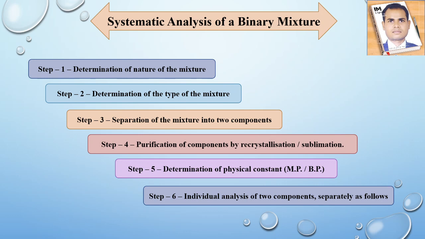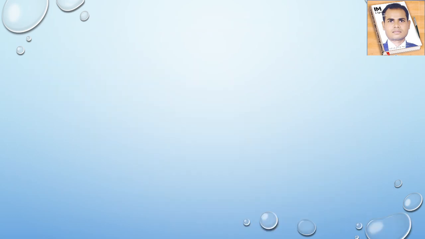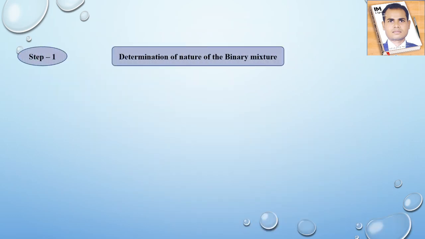After the separation of the two components, we can analyze them separately by following procedures. So we have to see that individual analysis of the two components separately as follows. In the first step, we have the determination of the nature of the binary mixture.